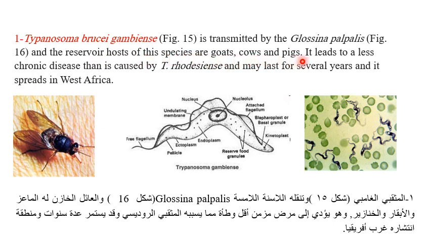It leads to a less chronic disease than that caused by Trypanosoma rhodesiense, and may last for several years, and it spreads in West Africa. As you see, this is Glossina palpalis, this is Trypanosoma gambiense, and these are Trypanosoma gambiense in a blood film.